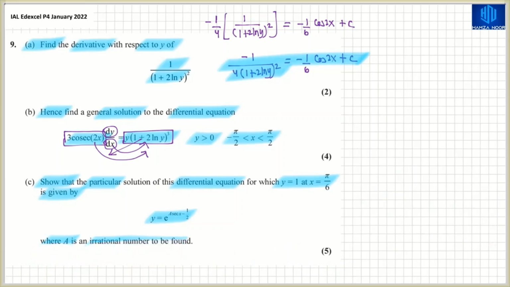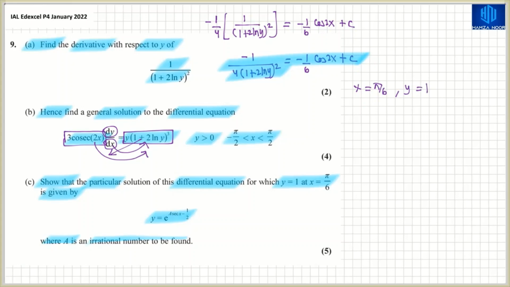So in part B, we obtained a general solution, and now we are going to substitute x is equal to pi over 6 and y is equal to 1 respectively in order to find a particular solution, and we will make y the subject, and we are going to give our answer in the required form. Okay, so when x is equal to pi over 6, y is equal to 1.